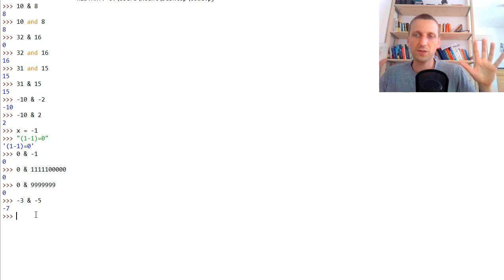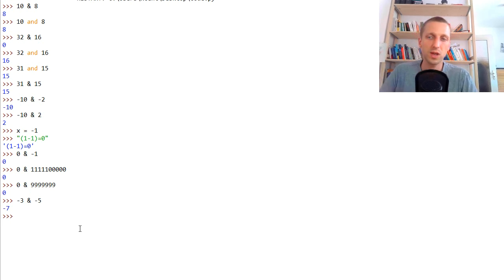Okay, so I think we have discussed everything. We have discussed how negative binary representation works. I think this is maybe the most important thing you can take out of this video. Then it is simple: if you have understood this step, it is actually simple to perform the bitwise AND operation on those two operands. And we have checked out the difference between logical AND and bitwise AND, because the logical AND just works on whole numbers.